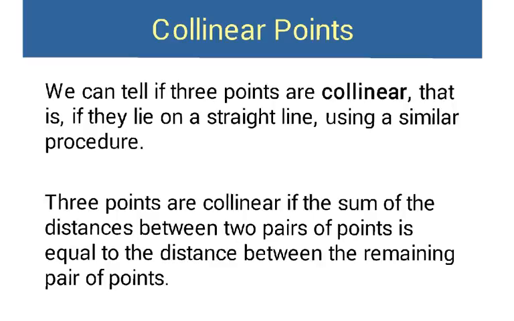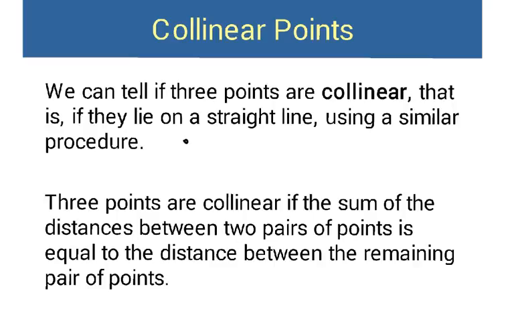To say if all 3 points are in a straight line, which means collinear, we're going to say the 3 points are collinear if, and I'm reading this right here, the sum of the distances between the 2 pairs of points is equal to the distance between the remaining pair of points.